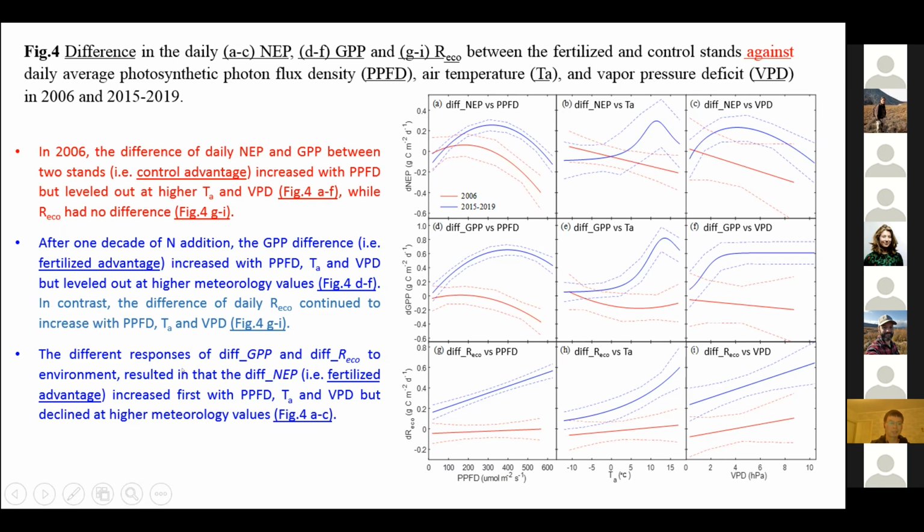And this different response of GPP difference and respiration difference in 2015 to 19 further resulted in the NEP difference first increasing with radiation, temperature, and VPD, but then declining at higher meteorological values, as we can see in figures A, B, and C.